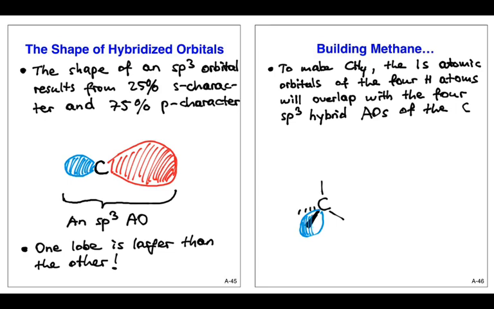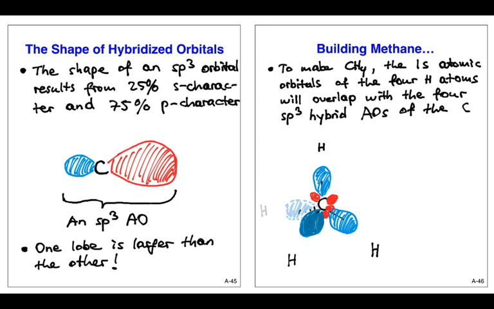Now, we draw in all these sp3 orbitals, and they are arranged along these tetrahedral sites. I'm going to shade the orbital coming forward a little bit to make it look a little bit more three-dimensional.